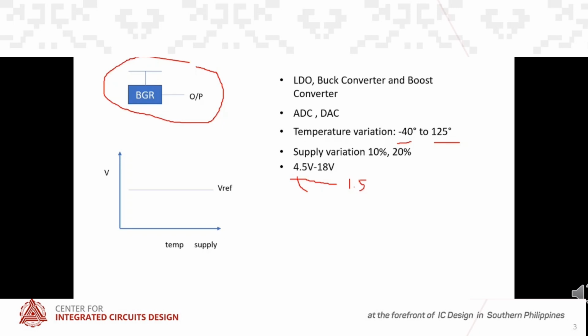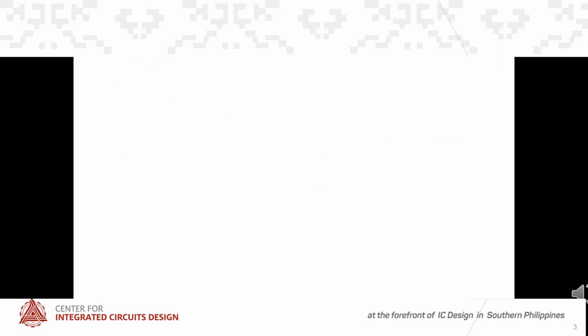Kana ang conclusion, bandgap is a reference that is independent sa supply and temperature. So kato supply variation o temperature variation dapat dili siya dependent. Bahalang mag-vary na siya, fixed gyapon na tong voltahe.